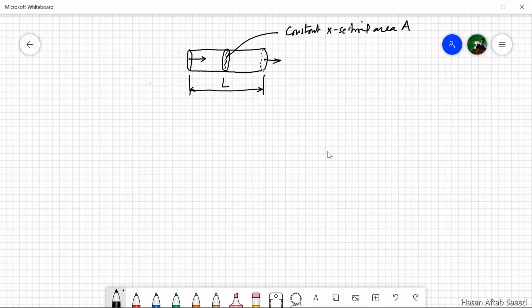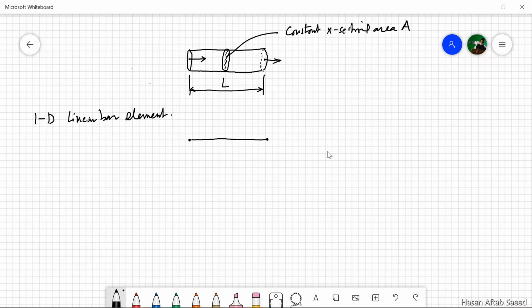Now this sort of body is mimicked accurately by this 1D element, and this is called a one-dimensional linear bar element.